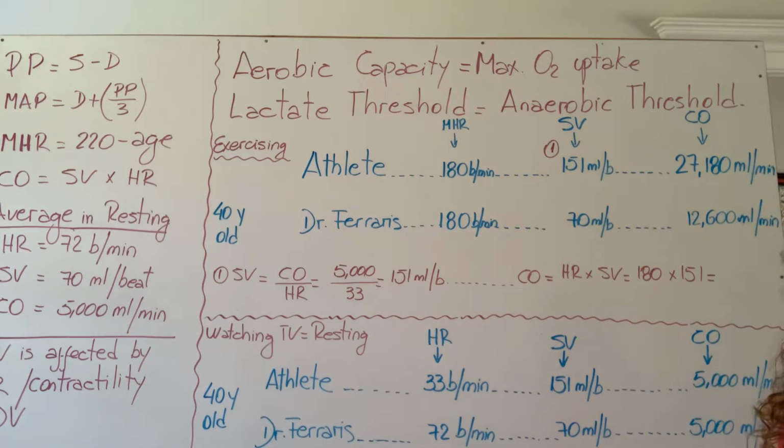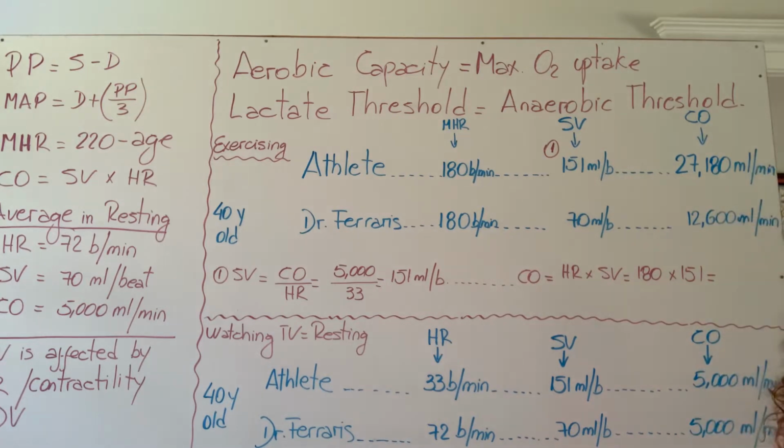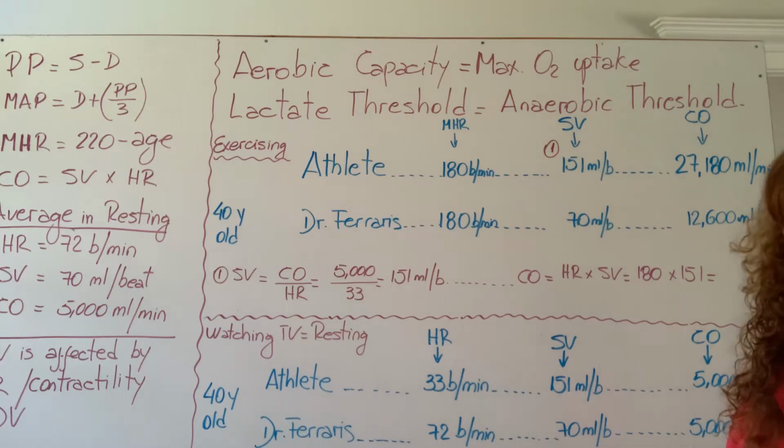So we have basically two heart rates. The one that we produce when we are in resting condition, the one that I develop right here in front of the camera, or meanwhile you are studying or watching TV, is considered the resting heart rate. But we also can develop a heart rate when we are in exercise.